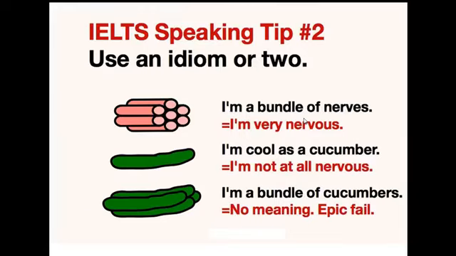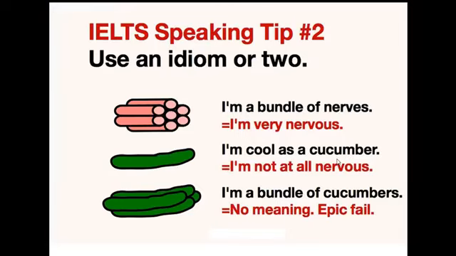Okay, let's move to the second idiom I have today. Again, there's a mistake over here, students. I have skipped one particular word. It's, I'm as cool as a cucumber. I'm as cool as a cucumber. This means I'm not at all nervous. This phrase could be used in different types of topics.